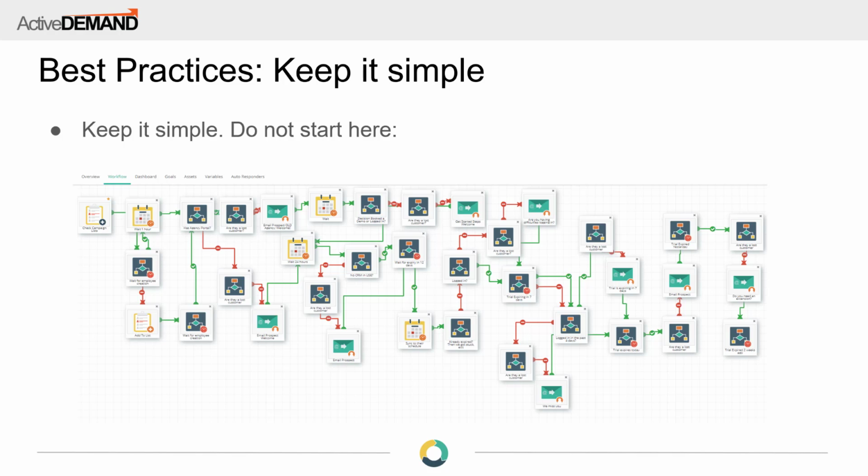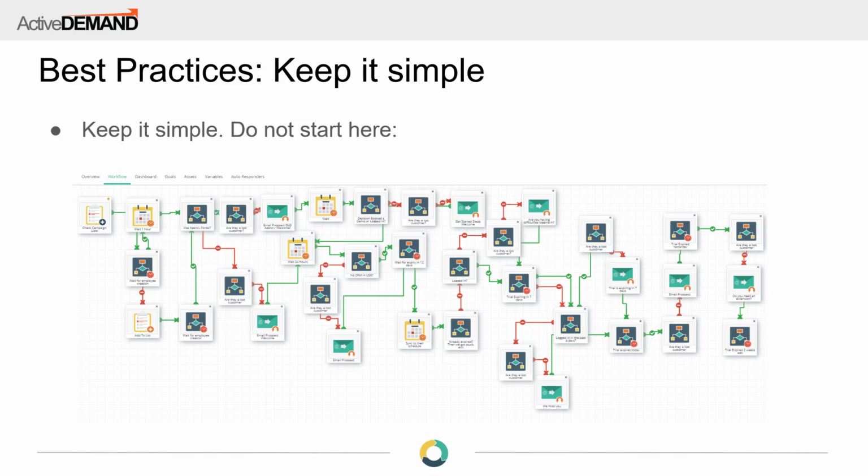Now, it's a powerful engine, right? And it's probably one of the most powerful pieces that ActiveDEMAND has, this workflow editor. Now, it's important to keep it simple, right? I would say one of the most important things here is start small. Don't build a massive workflow, hit go, and then start trying to figure out if it works.